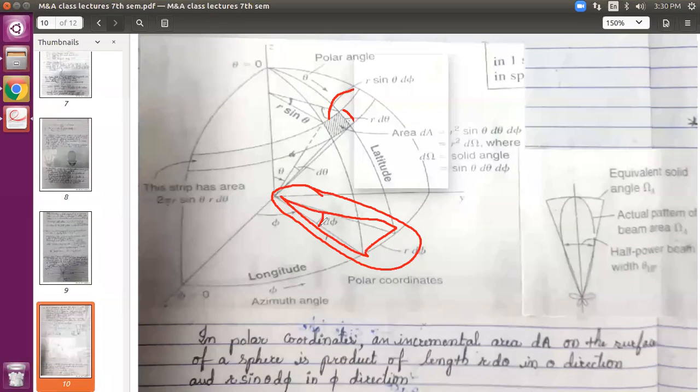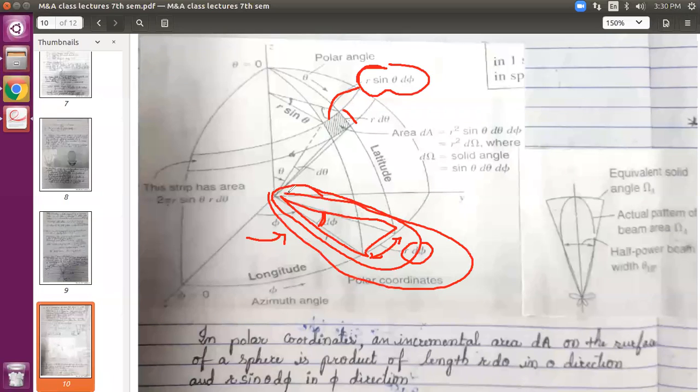This is your angle phi direction and a small portion is d phi. This is your arc. Just now we have seen how to calculate the arc. It is radius into the angle. This is about this lower diagram, which is exactly below.